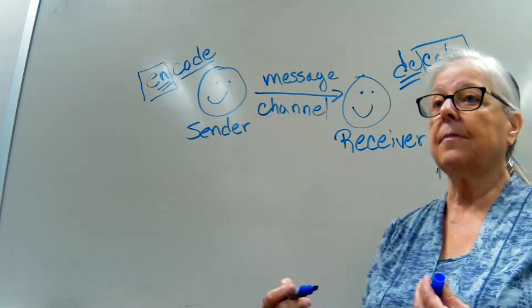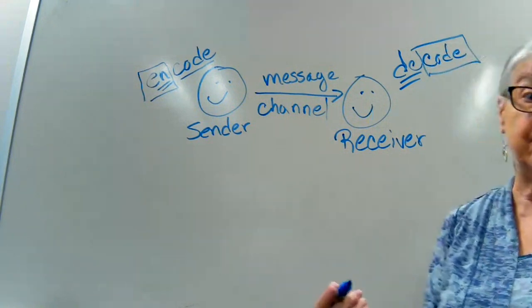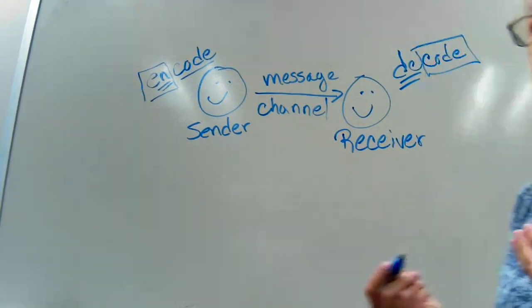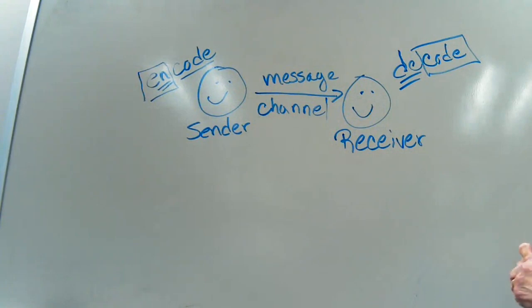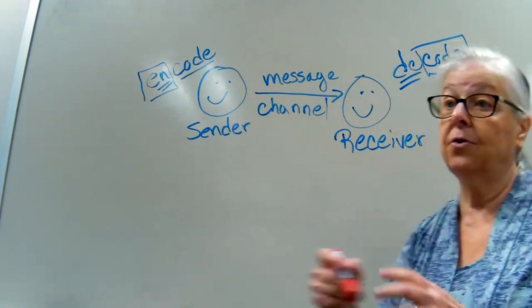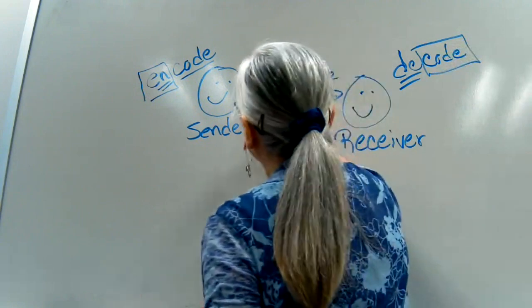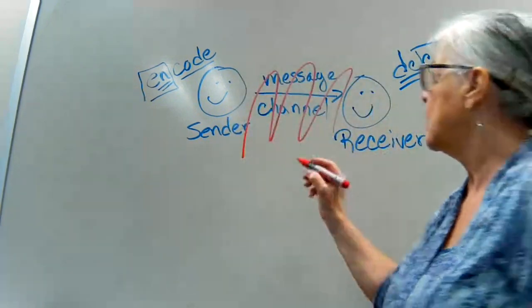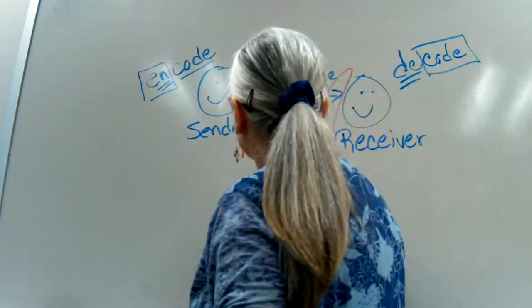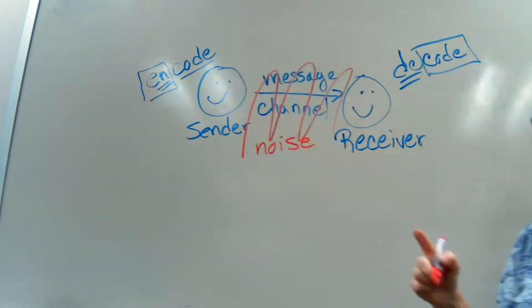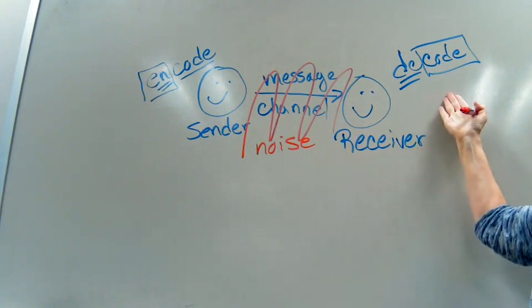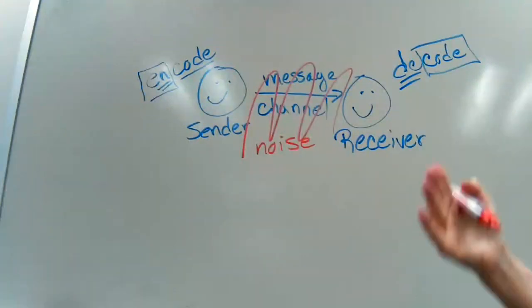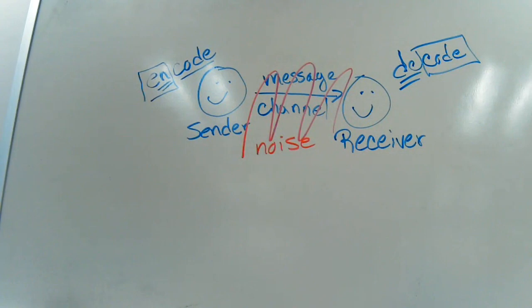This is helpful, but unfortunately, there could be some things that get in the way, and I am going to call that noise. There can be a lot of noise that could distort the accurate understanding of what the message is. Your resource book is going to go through a whole lot of them, but let me give you a couple of examples.